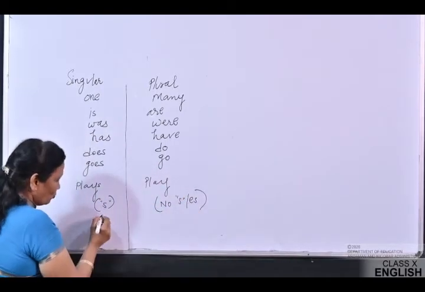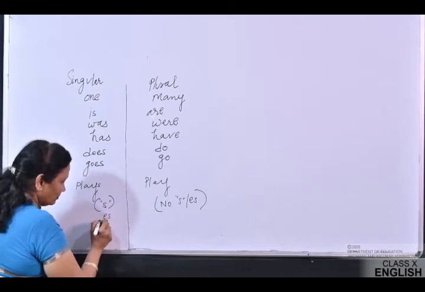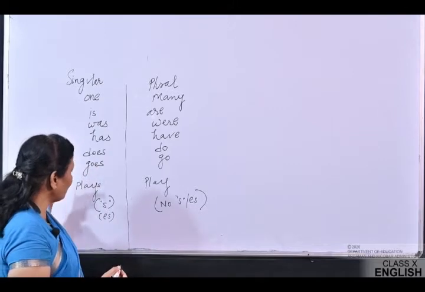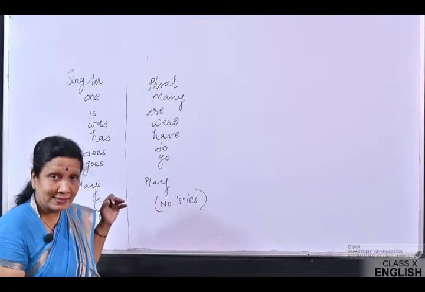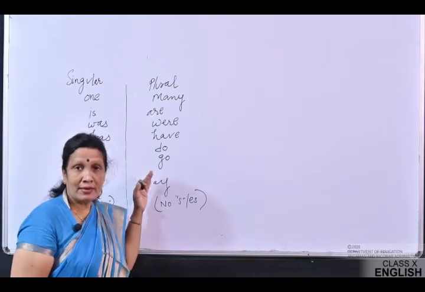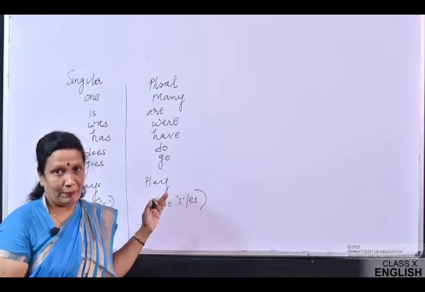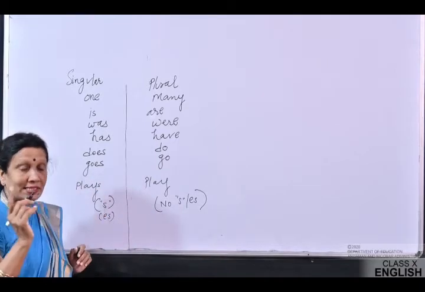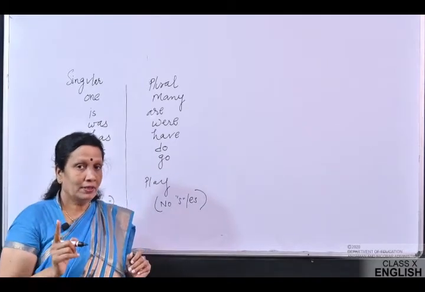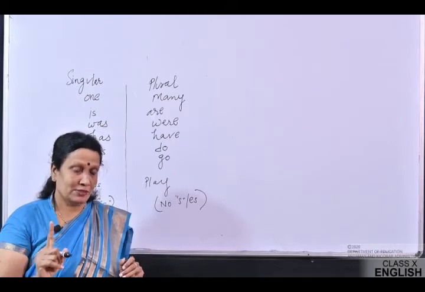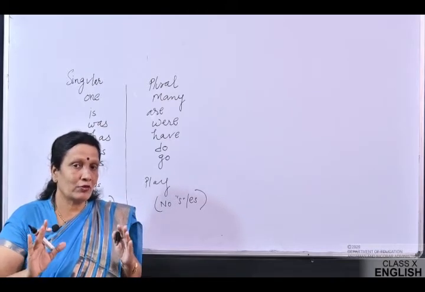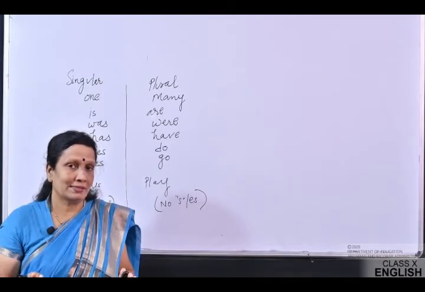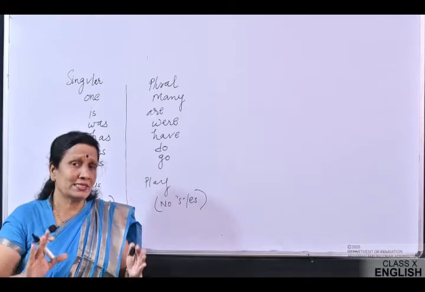Here you have S or ES. For example, Ashok plays in the evening. The children play in the evening. So please remember, whenever you have a singular verb, there you are going to use the S form. Children, please listen carefully. Today we are discussing just the simple present tense, only the present tense.